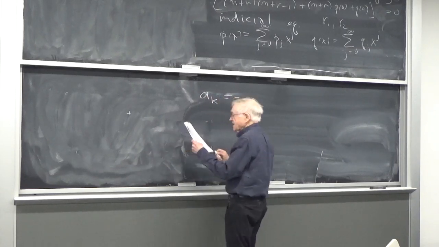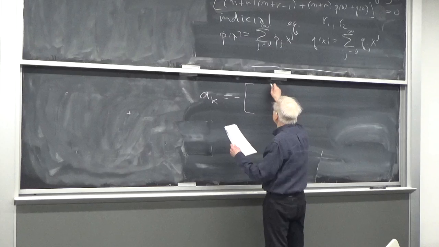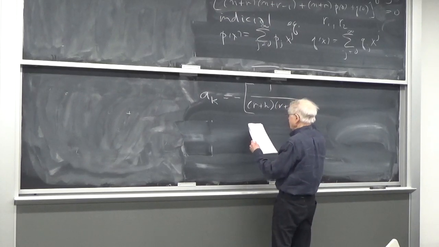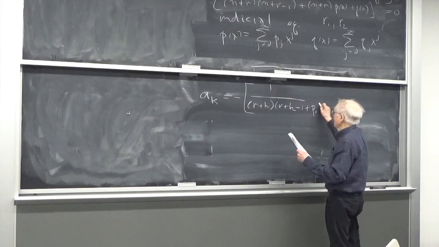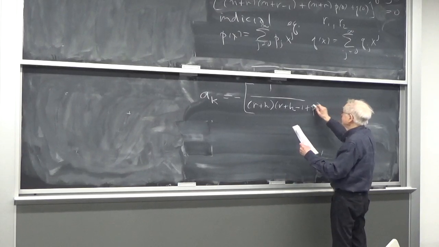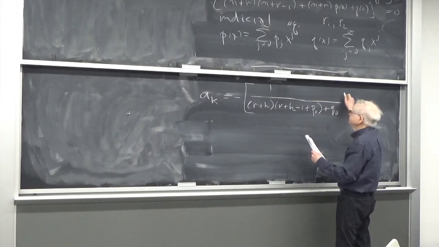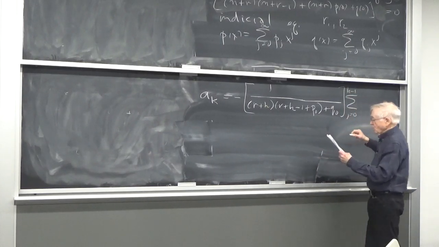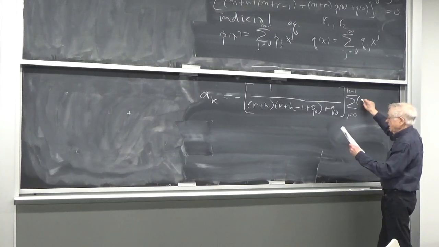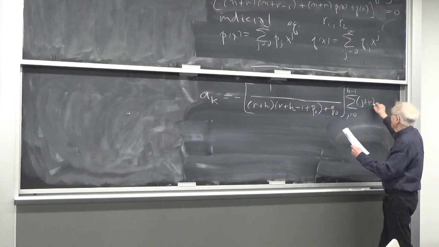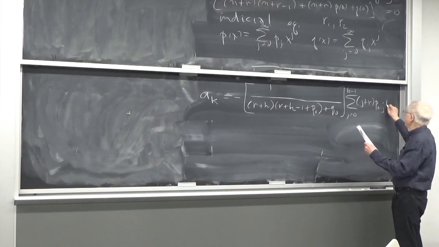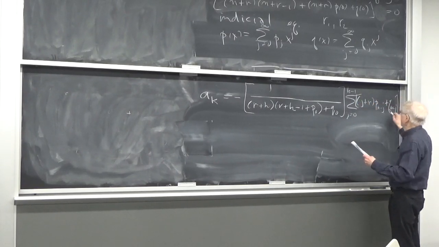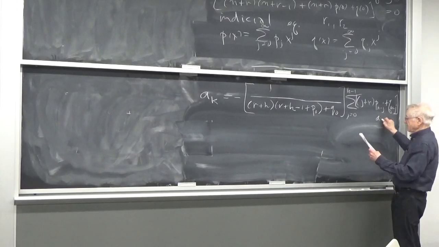The recursion relation is a sub k is minus 1 over r plus k minus 1 plus p0 plus q0, times the sum j equals 0 to k minus 1, j plus r times p k minus j plus q k minus j, and each of these combinations multiplies a sub j.